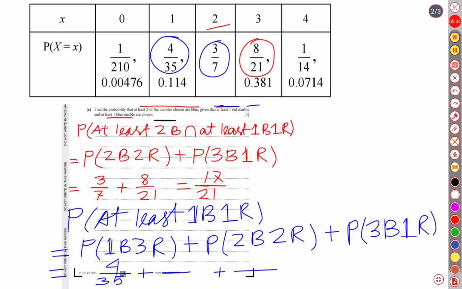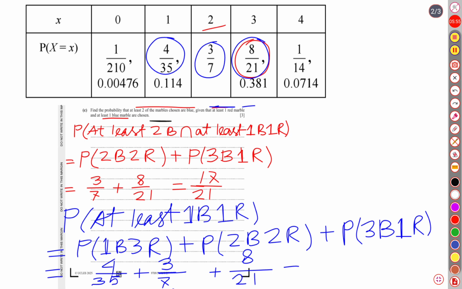Then the probability of picking three blue marbles is 8 over 21. If we simplify the result, it is going to be 194 over 210.